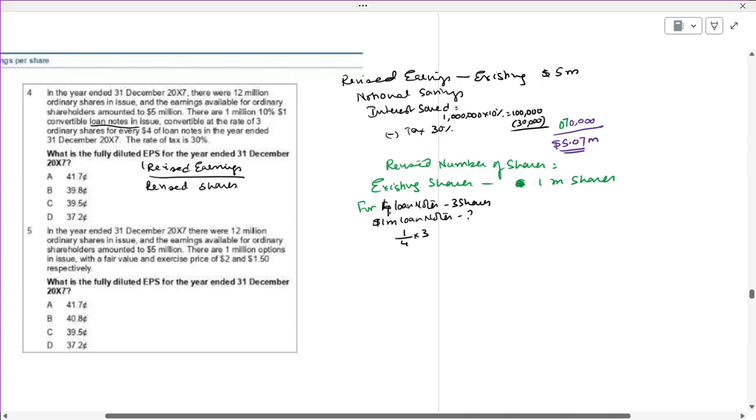Is it 3 by 4? How much will you get? 0.25? 3 by 4 into 1 million. How much will you get? 0.75 million. Is it right?